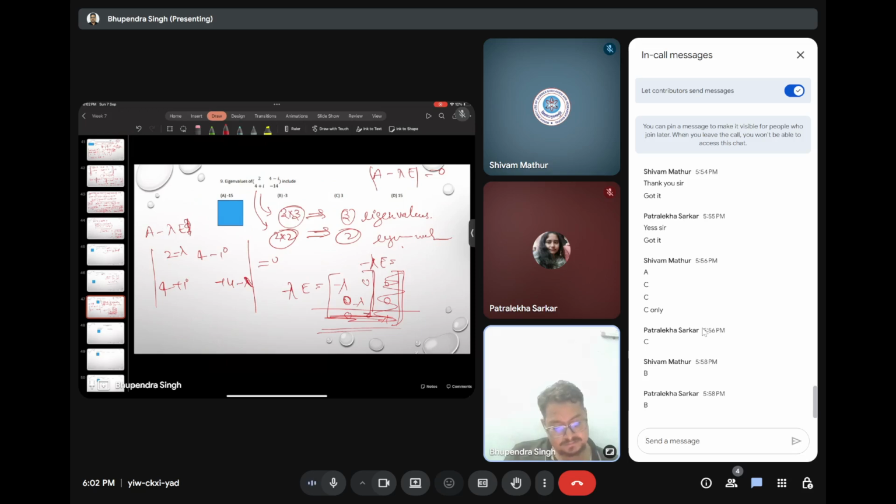So it will look like this, right? Then you have to find the determinant: 2 minus lambda multiplied by minus 14 minus lambda, minus 4 minus i multiplied by 4 plus i, equals 0.